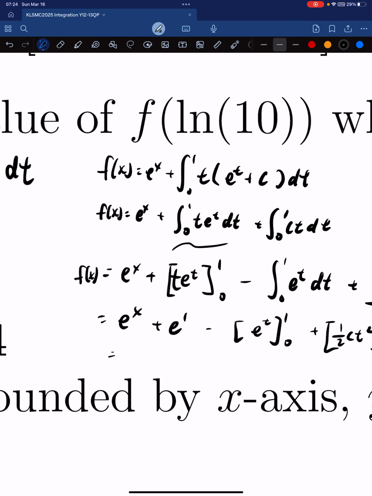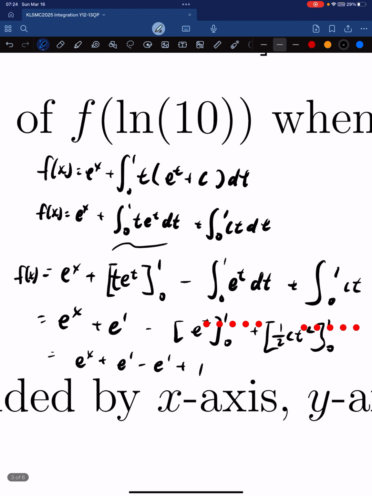So just do e to the power of x plus e to the power of 1 minus e to the power of 1 plus e to the power of 0, which is just 1, plus half c. So that is our function.